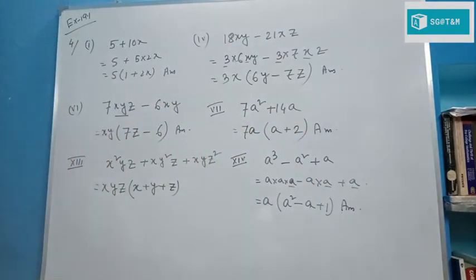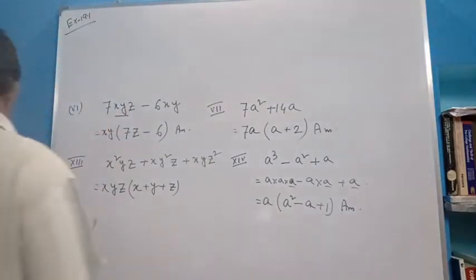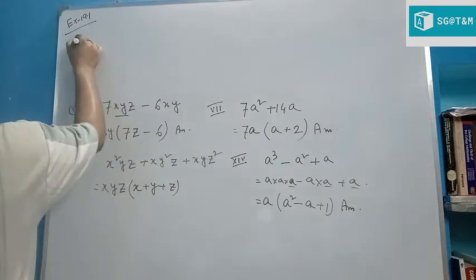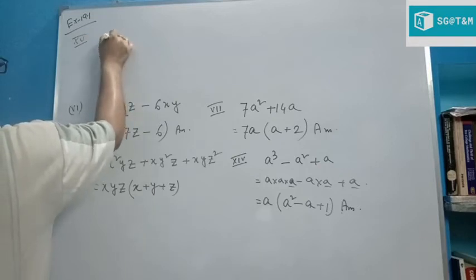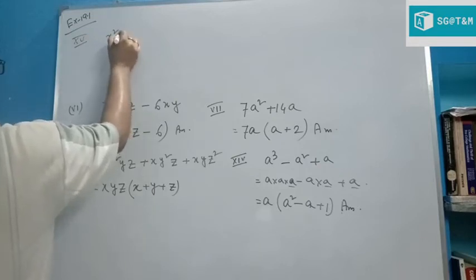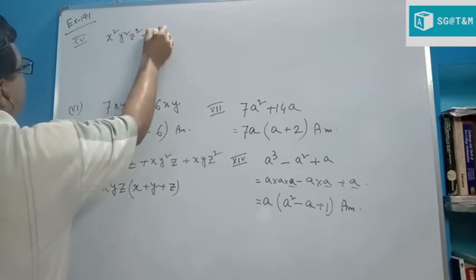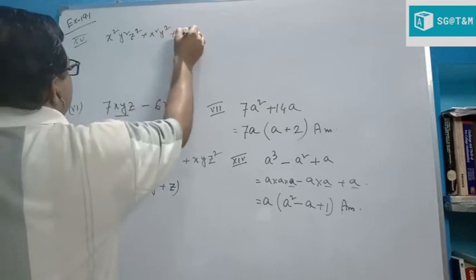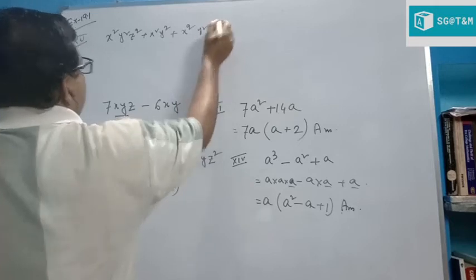Okay. Next, number 15. X square y square z square plus x square y square, and the third term is x square y square q square.